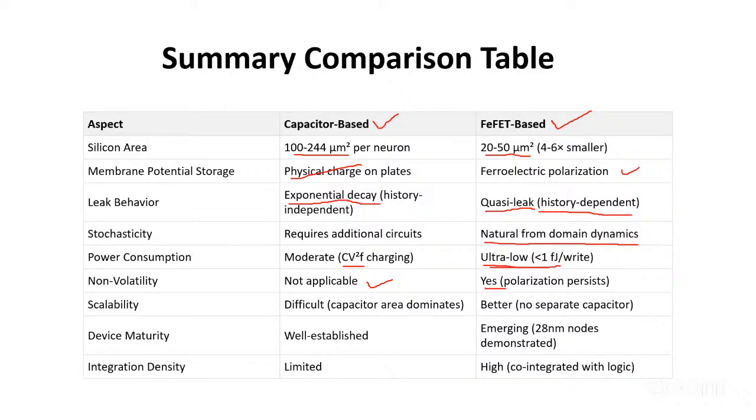This has a high integration density. So overall, the conventional method of implementing neurons is far inferior compared to the FEFET-based approach, which is what we are focusing on in this presentation.